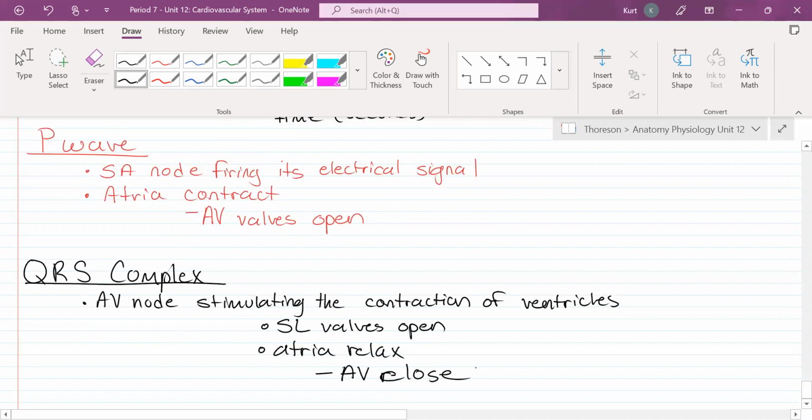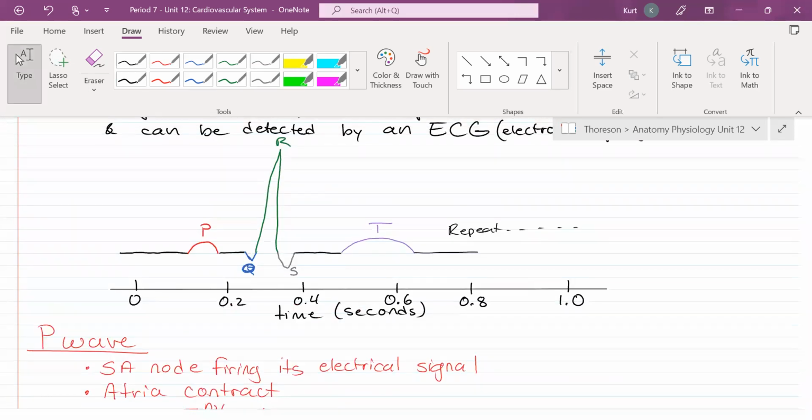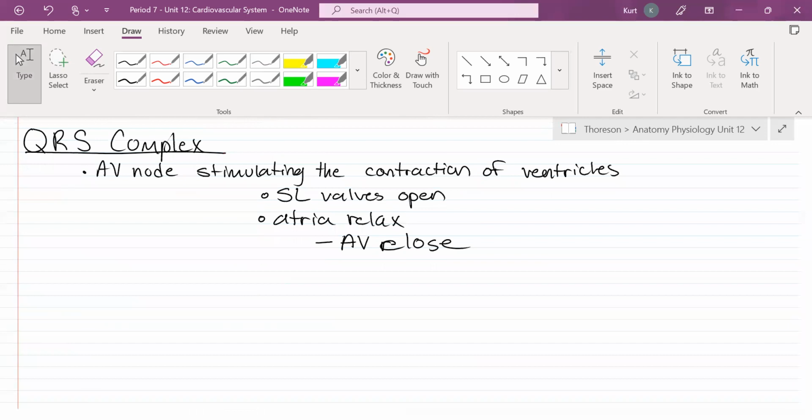Very good. Now, the QRS contraction is a major contraction. To prove my point, look at the difference in the spike. Look at the P wave versus the R wave. It's a big difference. That just shows you how much juice is being pumped to make that heart pump hard enough to get blood throughout your entire body or to your lungs, whichever circuit it's on.